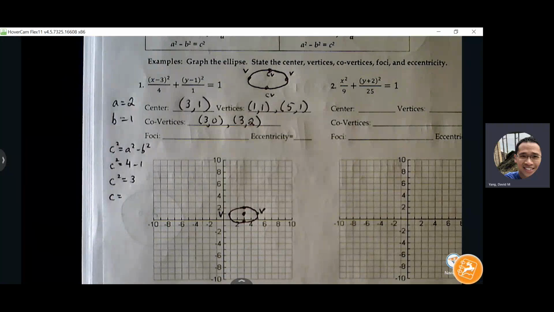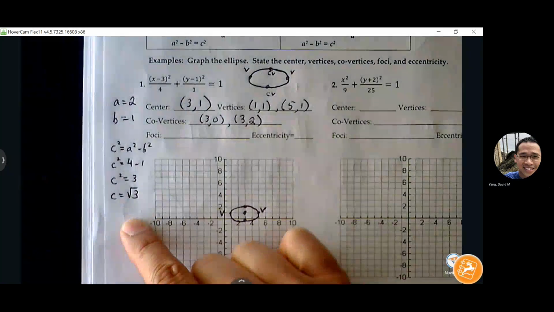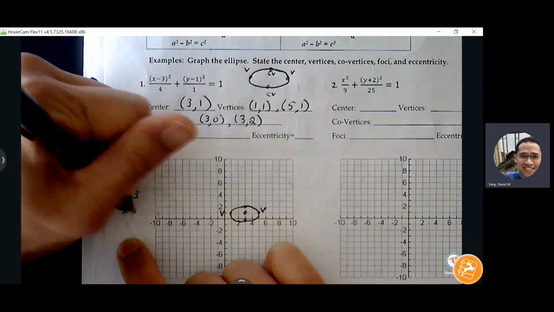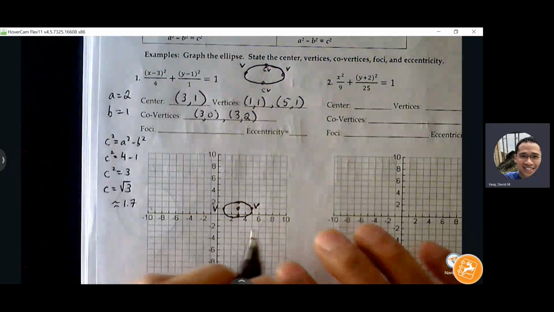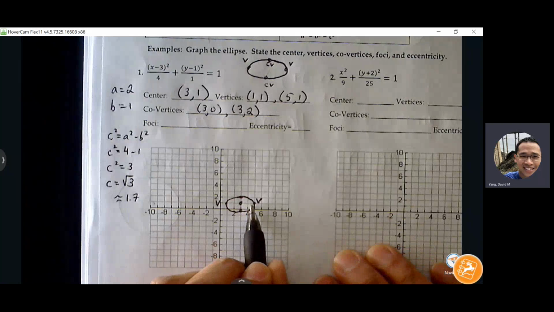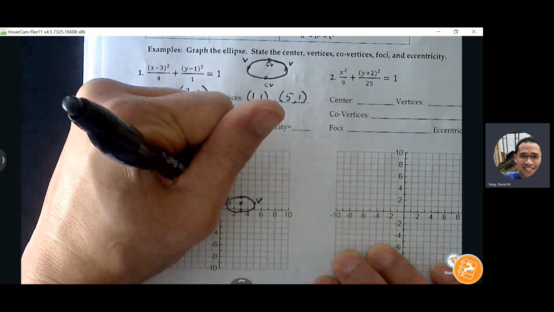C equals the square root of 3. If you put it in the calculator, that's around 1.7. I know it's kind of difficult, but you're going to count from your center 1.7 units to the left and to the right, and it's going to be really close to your vertex.